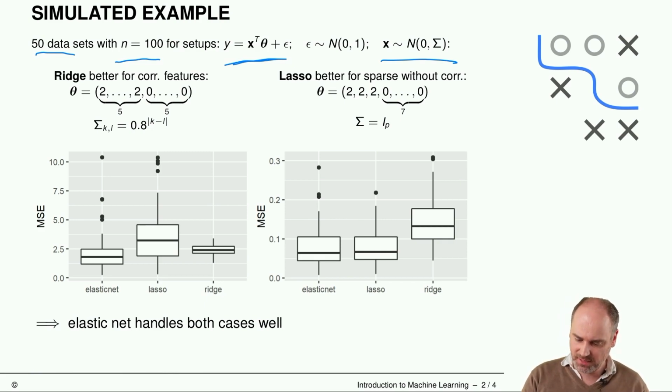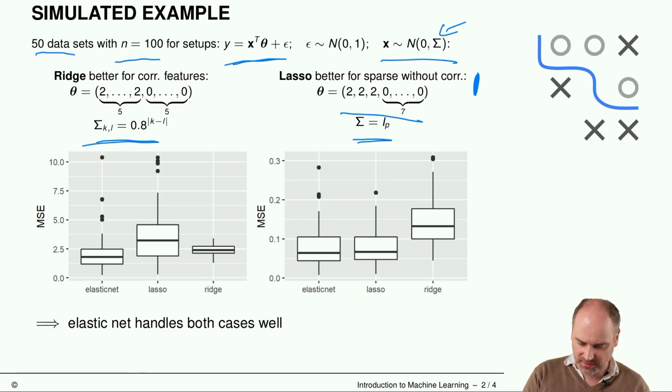Maybe it's easier to start with the scenario on the right-hand side. You can see the true theta vector here, and there are only 3 informative features, the first 3, and they have a true coefficient of 2, and then there are 7 features which have a true coefficient of 0, and there is no correlation between the features, okay? So the sigma matrix here is the identity. All features are uncorrelated, and because it's Gaussian, they are independent.